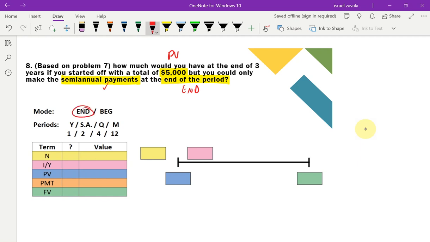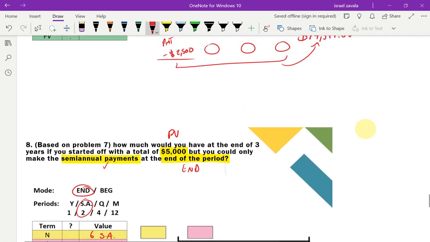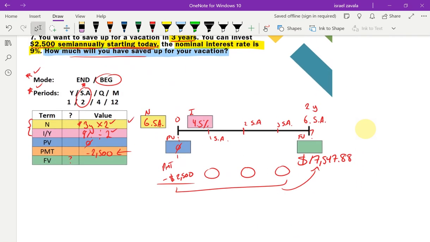We're staying in semi-annual periods, but we are starting with $5,000. Everything else stays exactly the same. 6 semi-annual payments, and then 4.5% each period. Okay? All right. So notice that's the same as here.